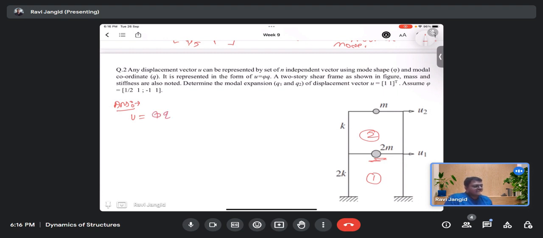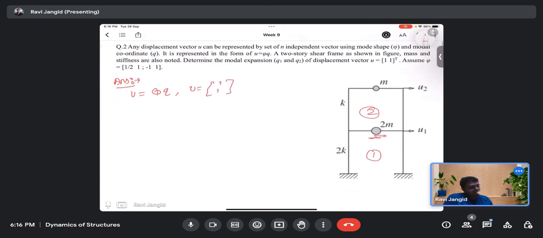A two-story shear frame is shown in the figure. Mass and stiffness are also noted. Determine the modal expansion factors q1 and q2 of the displacement vector using the initial condition u equal to 1, 1.